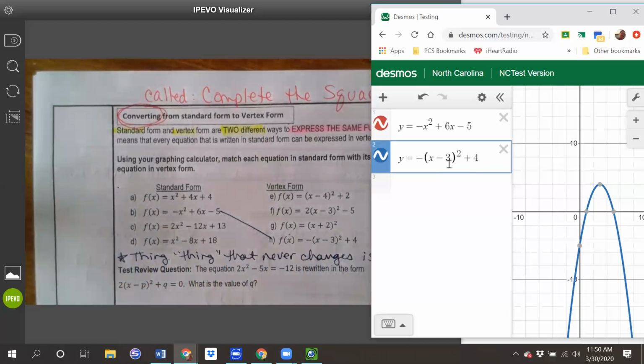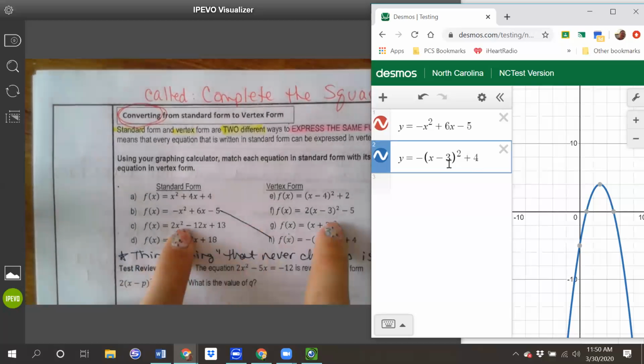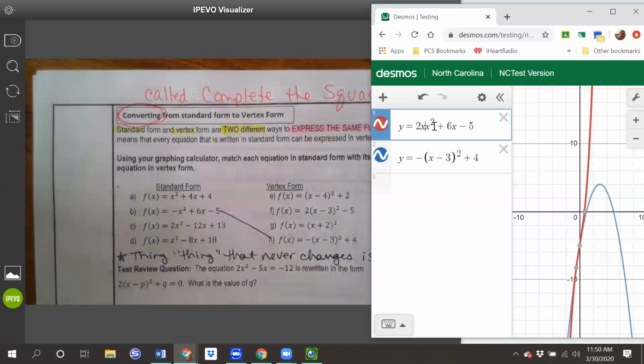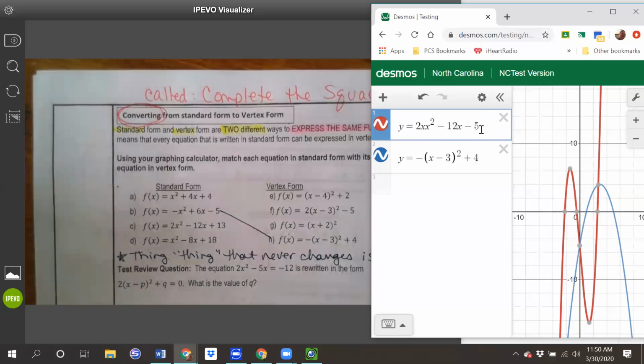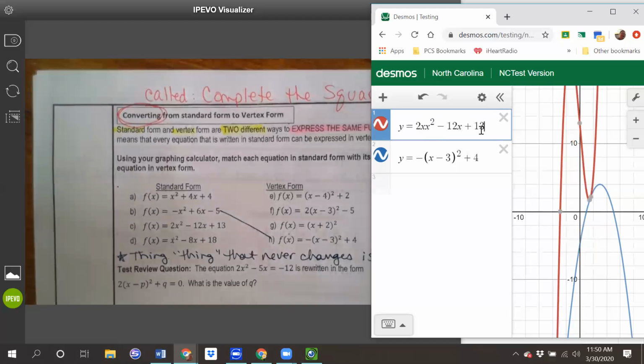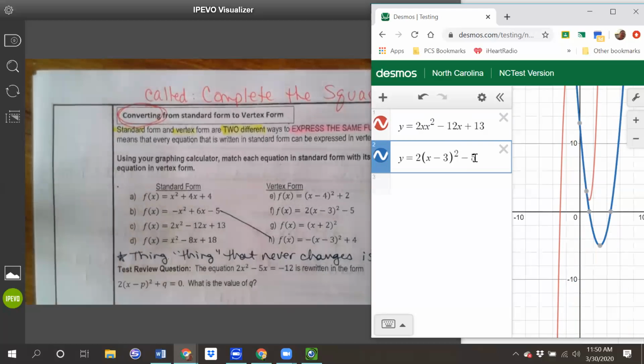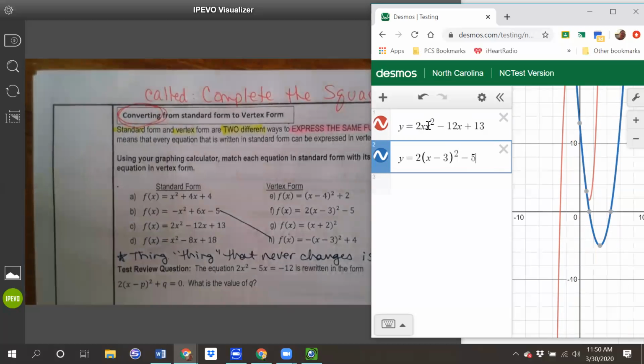Okay, so I'm testing C with F. C is going to be 2x squared minus 12x plus 13. And F is going to be 2 times (x minus 3) squared, and that's going to be minus 5.